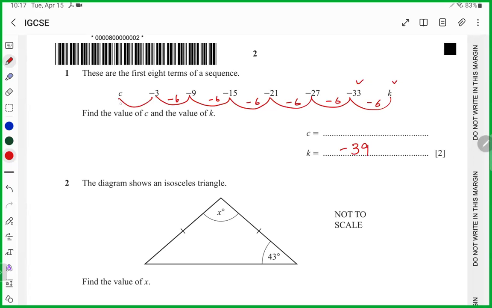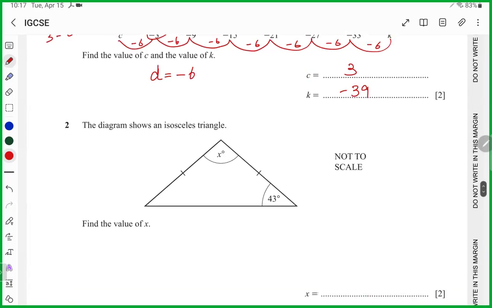And C is going to be minus 3 plus 6, so C is equal to 3. So this is an arithmetic sequence and its common difference is minus 6. You just need to remember this.